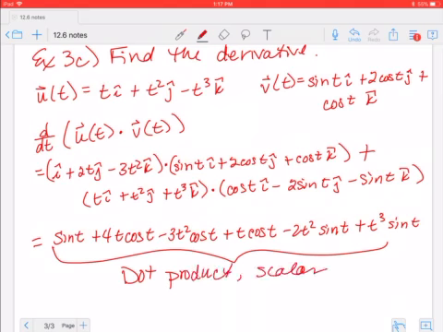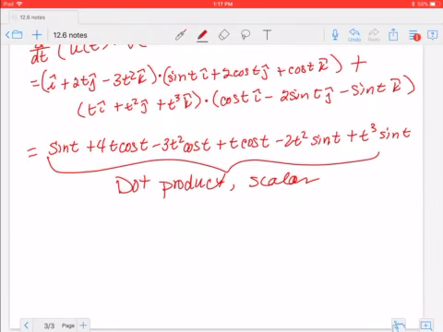Okay, then you can clean this up a little bit. Oh, what do we have here? We have some sines that we can put together. We have some cosines that we can put together. Maybe I'll double line those. Okay. Let's do this thing.